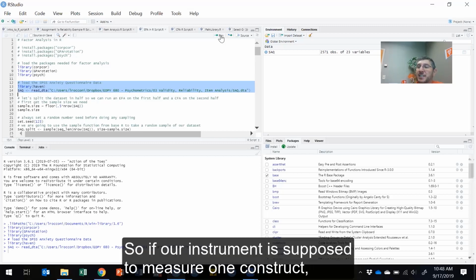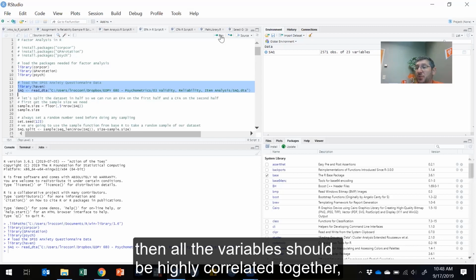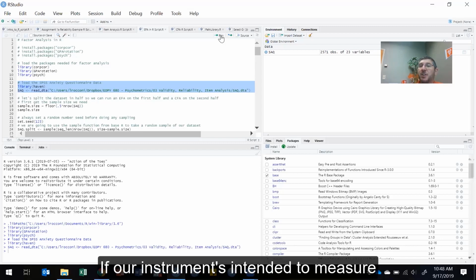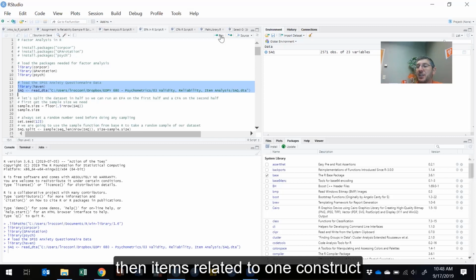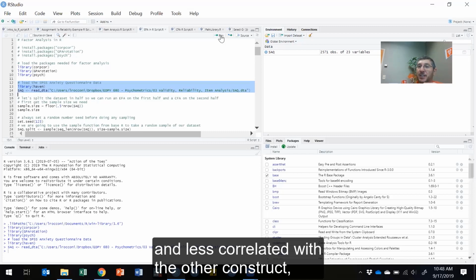So if our instrument is supposed to measure one construct, then all the variables should be highly correlated with each other. If our instrument is intended to measure 3 or 4 distinct concepts, then items related to one construct should be highly correlated with each other and less correlated with the other constructs.